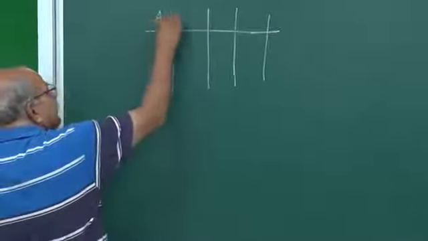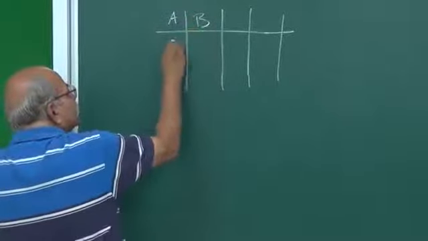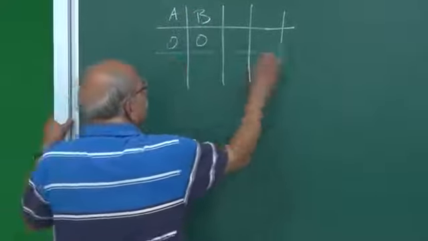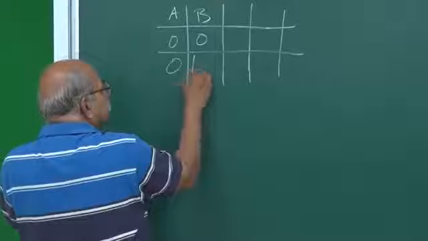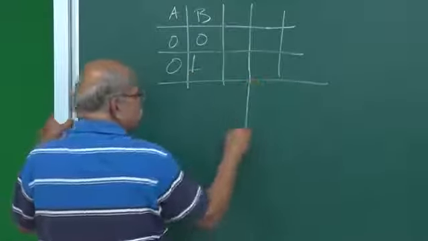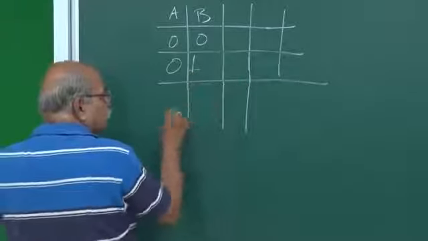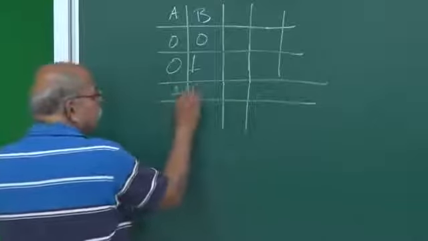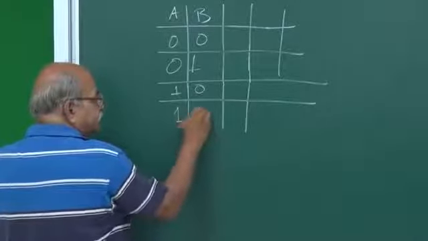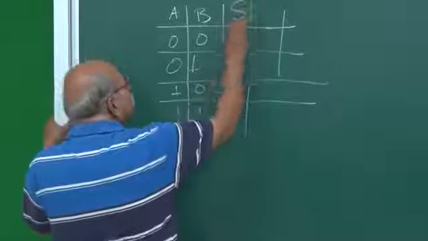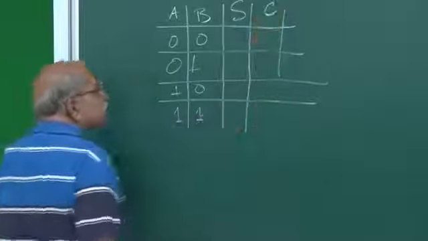Let us say this is A, this is B. It can be 0 0, or 0 1, or 1 0, or 1 1, and then you have sum and then you have carry.